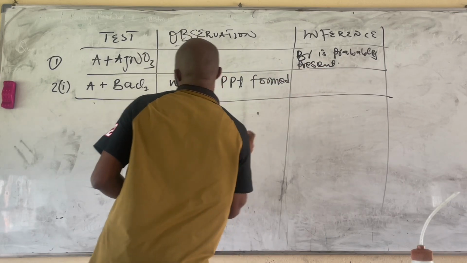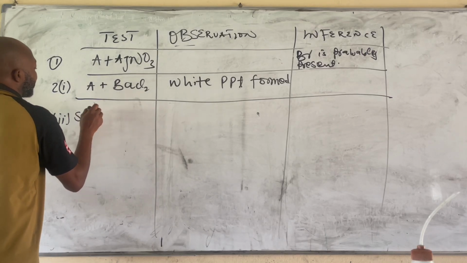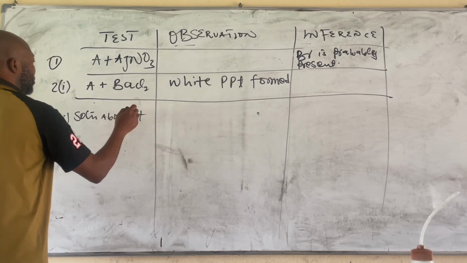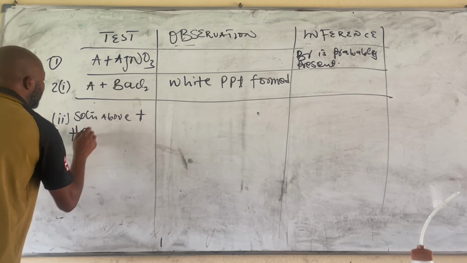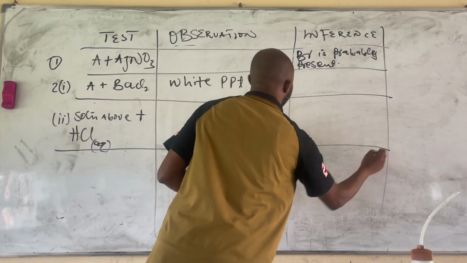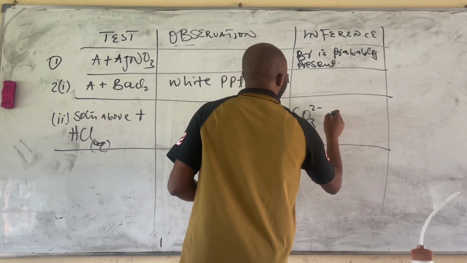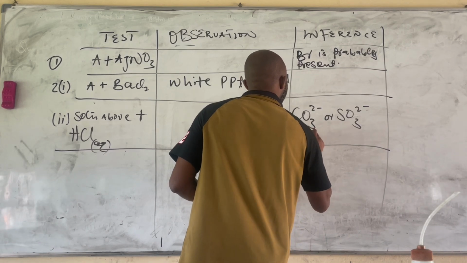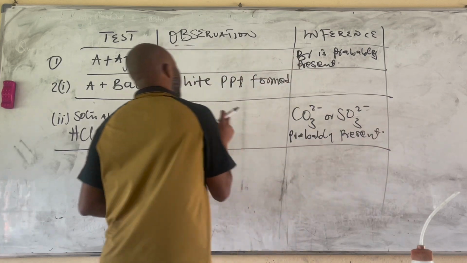You have to fill this. 2II: solution above plus dilute HCl. I have CO3 2- or SO3 2- probably present. You have to fill this space.